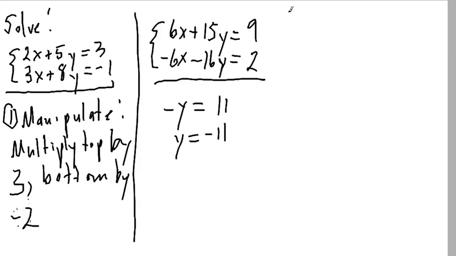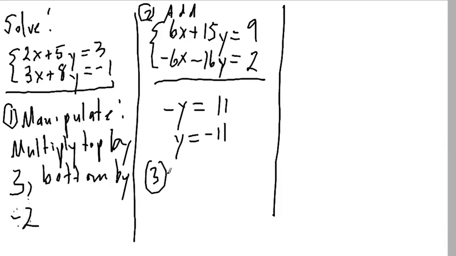Great. Now we back substitute. This was the addition step, sorry. And now we back substitute into one of these original equations. What do we do? Let's back substitute into the one that has smaller numbers floating around. It's probably going to be easier for me to deal with this guy because the numbers are smaller.